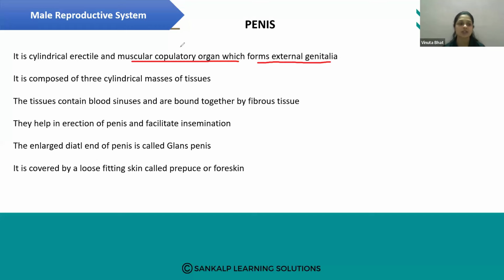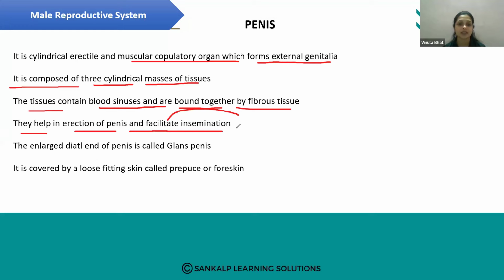It is composed of three cylindrical masses of tissue. The tissues contain blood sinuses and are bound together by fibrous tissue. They help in the erection of the penis and facilitate insemination. What is insemination? Transfer of the male gamete, sperms, to the female genital area. So that is insemination, right?